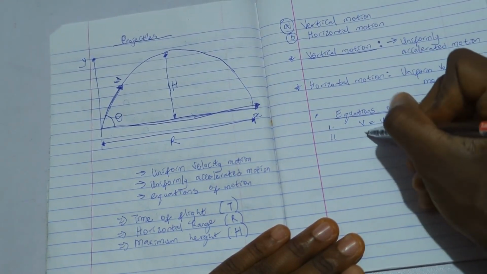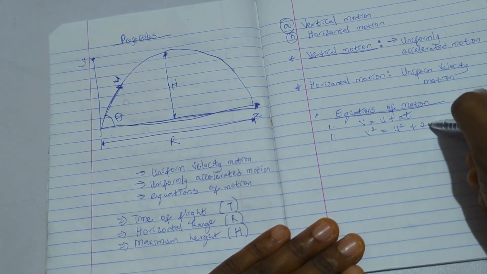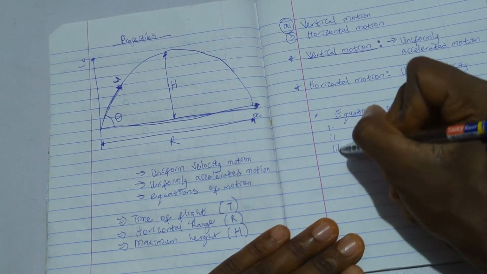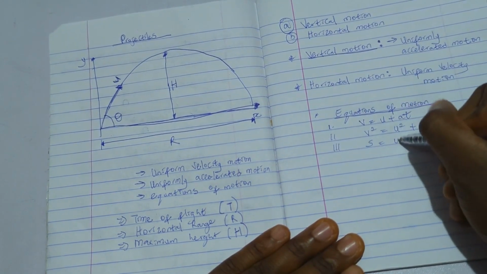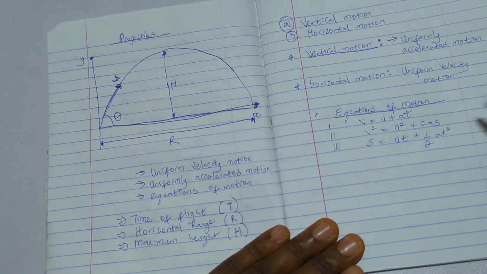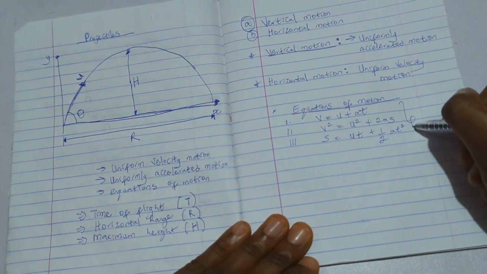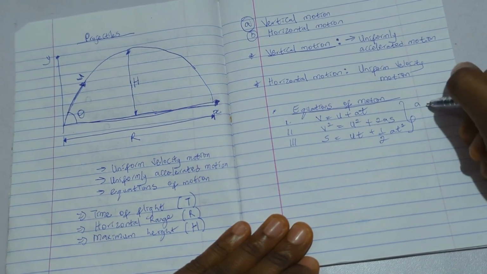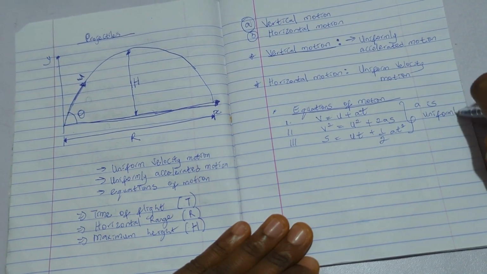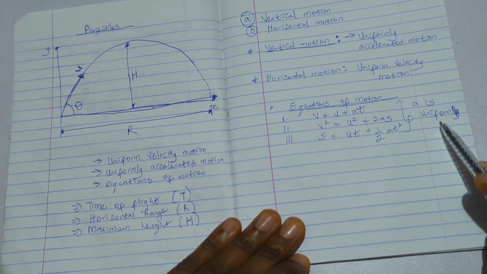The second one is v squared equals u squared plus 2as, and the third one is s equals ut plus half at squared. Those are the three equations of motion, and the condition for using them is that your acceleration is uniform. It has to be a uniformly accelerated motion.